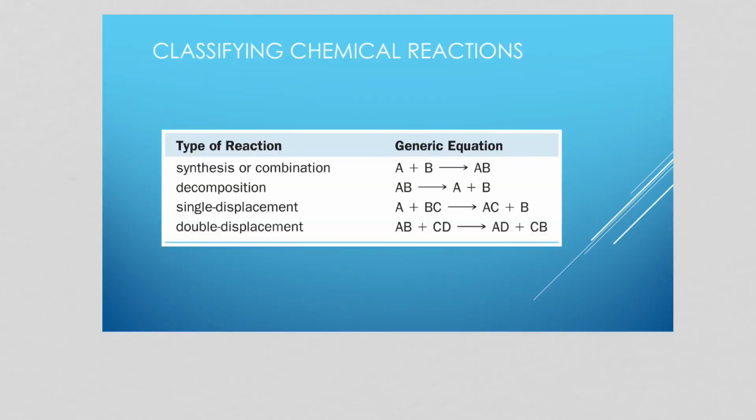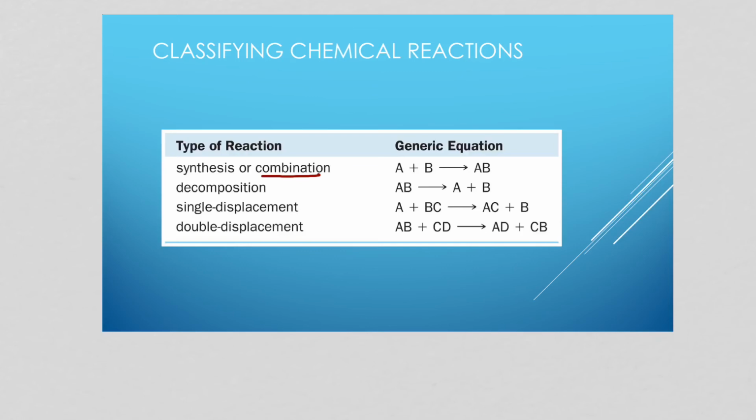So I want to close out the chapter by looking at what we've been talking about as these classifications. When we classify reactions, we can put them into 4 big categories that most reactions will fit into. We have what are called synthesis, or more commonly combination reactions, which we saw a couple examples of, where we have 2 or 3 things becoming one.